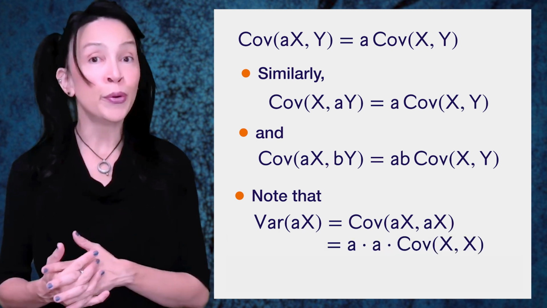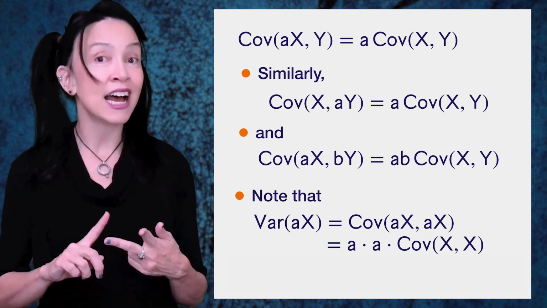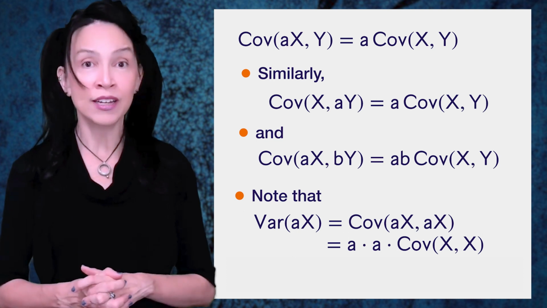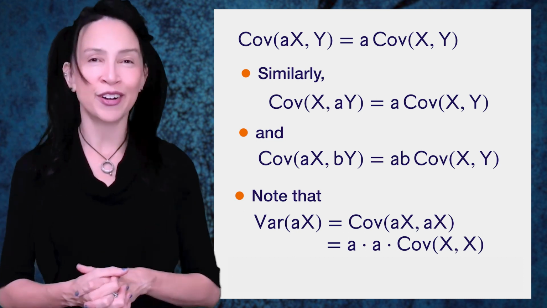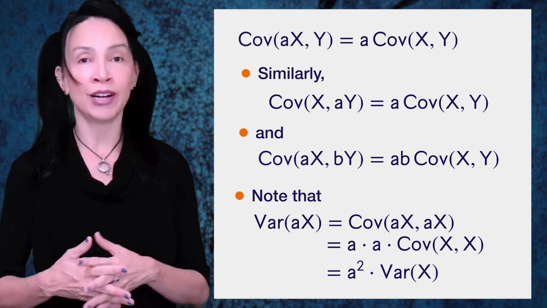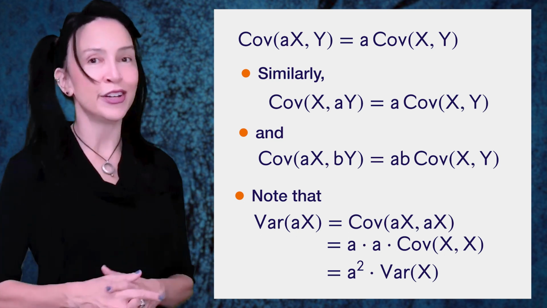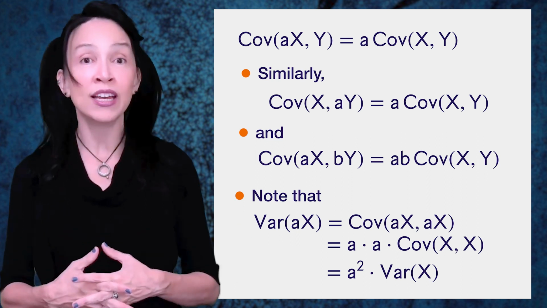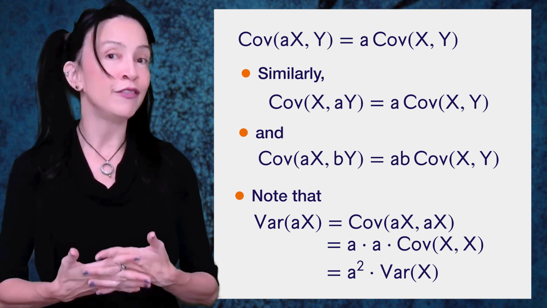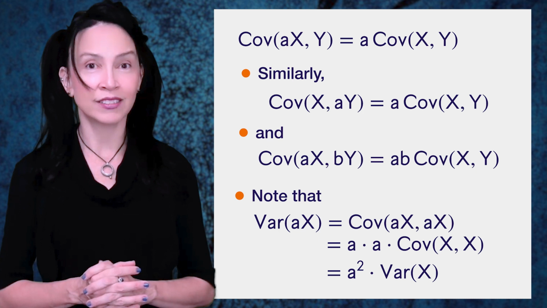You can pull both a's out front, so you get a times a out front, or a squared, and you're left inside with the covariance of x with x, which is the variance of x. So this is another way of showing, outside of using the definition of variance, that constants pull out of variances squared.